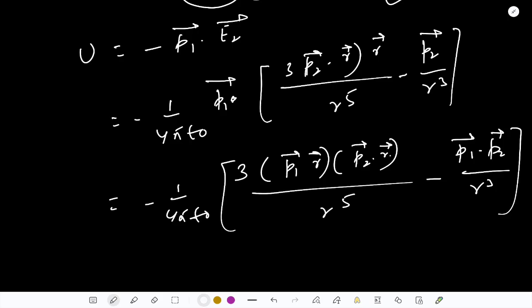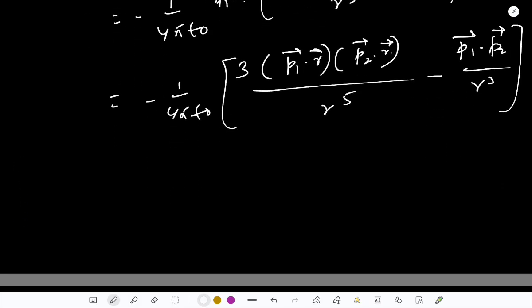I just put P1 into the R here, so it becomes P1 dot R, and then we have 3 and P2 dot R. Now I can write minus 1 by 4 pi epsilon naught P1 P2 by R cube, and for P1 dot R, the angle between P1 and R is theta 1, and between P2 and R is theta 2, so I can write it here.